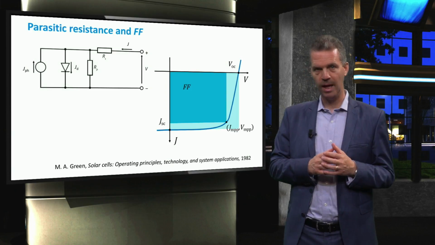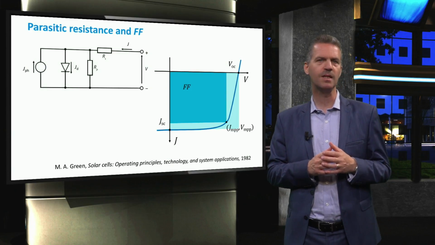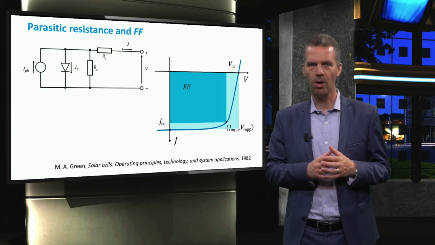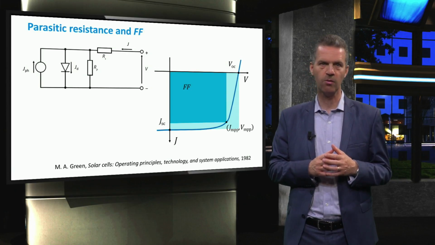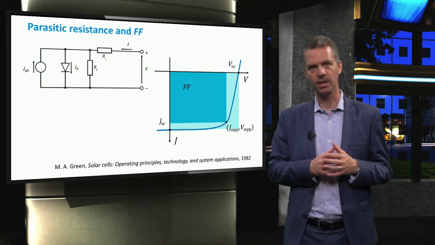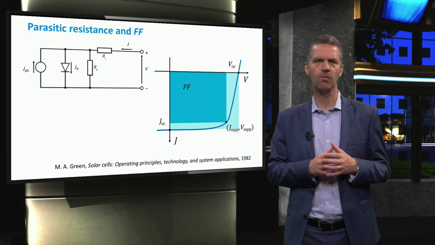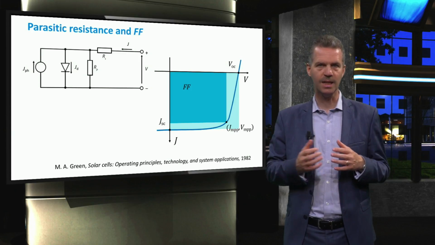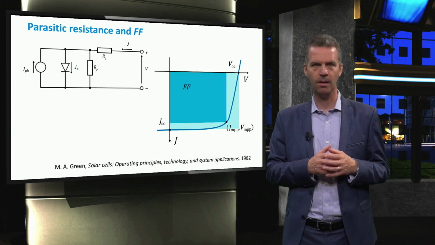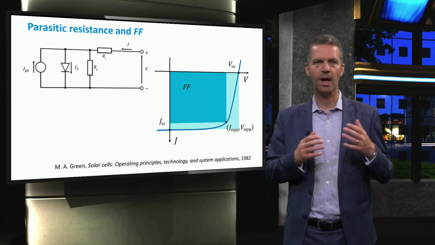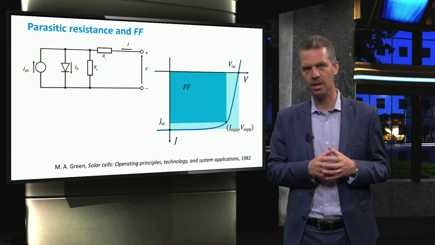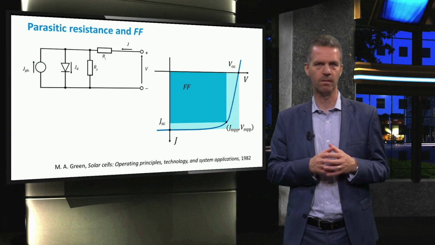In order to explain the effect of the parasitic resistances, we consider the one diode equivalent circuit of a solar cell with JPH, the photo current generated in the device, JD, the diode current in the parallel diode, and RS and RP, the series and shunt resistance, respectively.